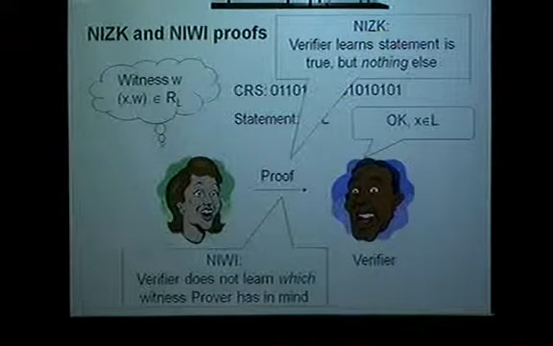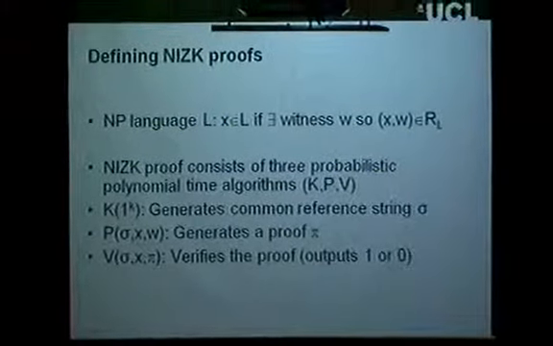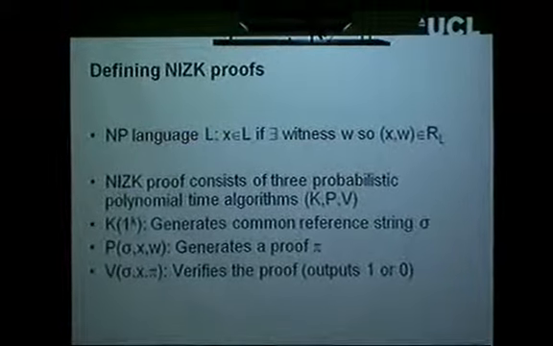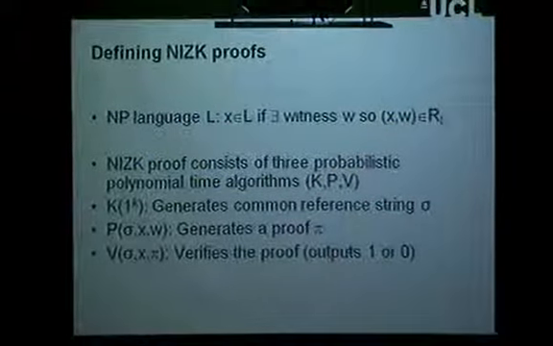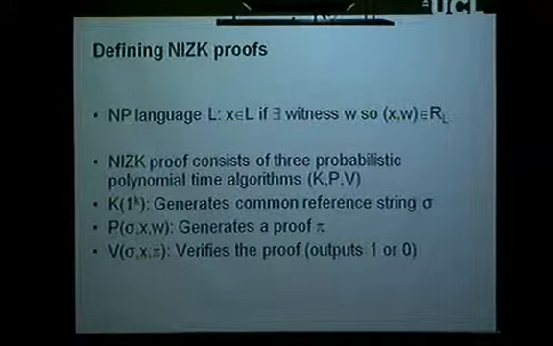And I'm going to go through now defining more precisely what non-interactive zero-knowledge proofs are. Okay? So they consist of three probabilistic polynomial time algorithms. One, K, which generates a common reference string.